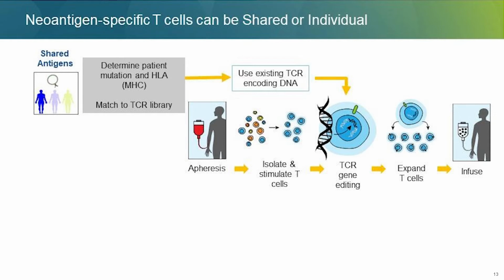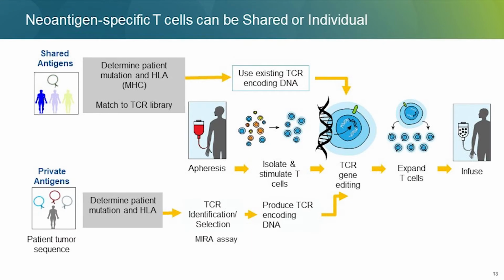But as I previously said, most of the mutations are private. And in this case, what we'll have to do is identify the mutations by whole genome sequencing and the HLA type of these patients, and then use a MIRA assay that has been developed by Adaptive to identify TCRs that are specific for these mutations in the context of different HLA.